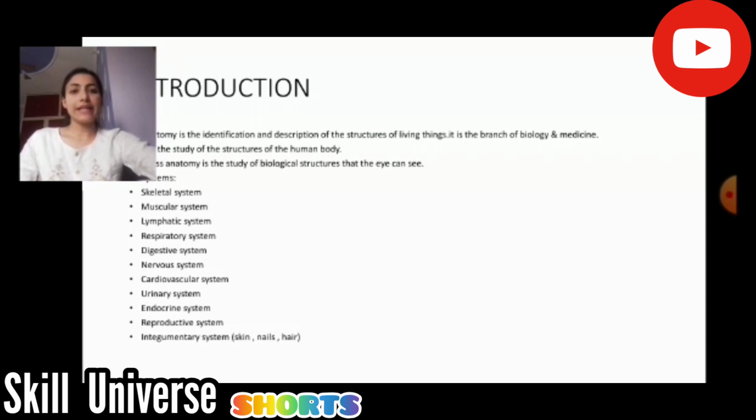So anatomy is divided into two parts, gross anatomy and microscopic anatomy. Gross anatomy is the study of biological structures that we are able to see with our eyes. So those structures come under gross anatomy.